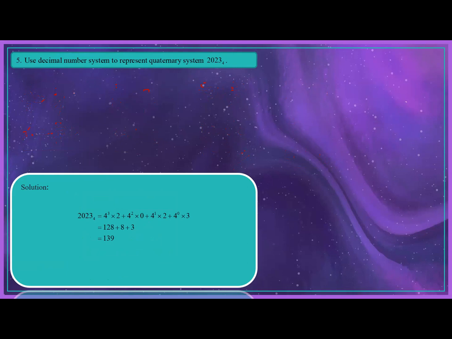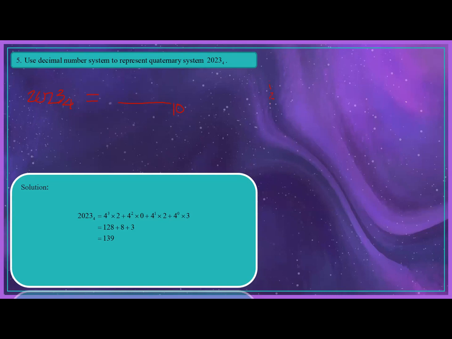Okay. So now this means that this number 2023 base 4, we need to convert this into a number in base 10. Okay. That's it. Because decimal is base 10. So in our number system, the decimal system, we don't need to put 10 as base.